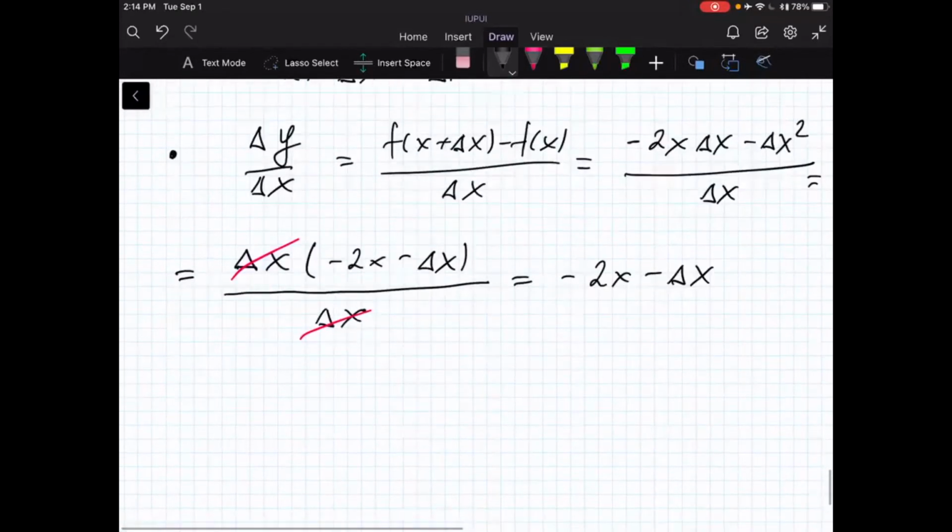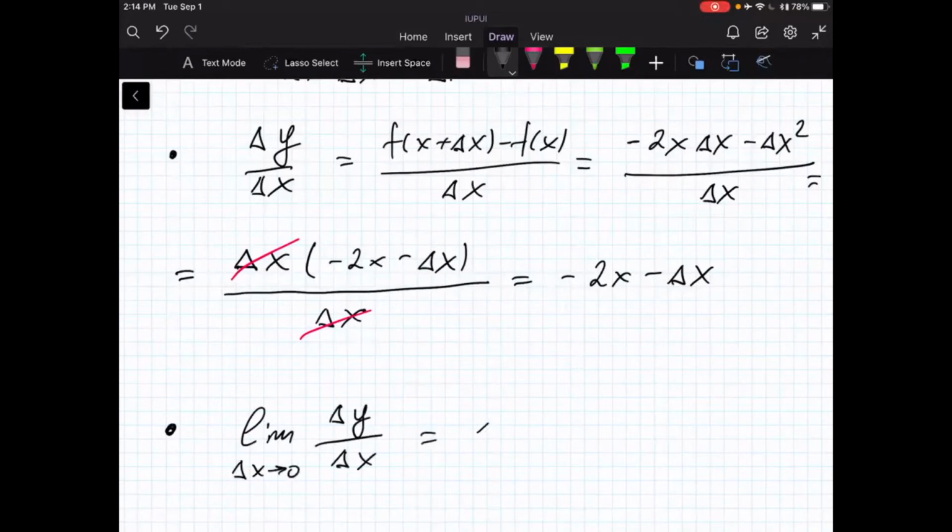And the third step is to consider the limit of delta y divided by delta x when delta x goes to 0. So in our case, it is the limit when delta x goes to 0 of minus 2x minus delta x.